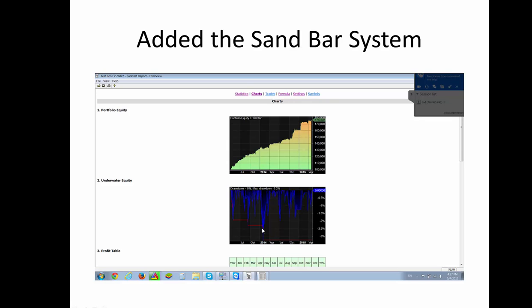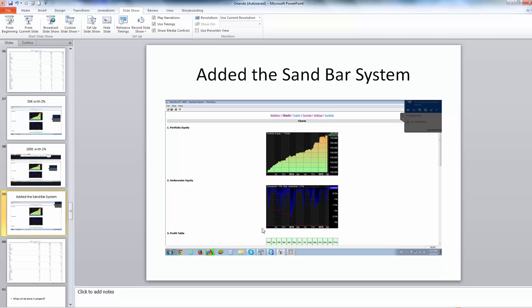So that's kind of neat. That's one of the things that's happened with Sandbar and that's part of our product development process where we mix and match different systems together to see what happens, to have an understanding of how systems interact with each other. Okay. So we have that.